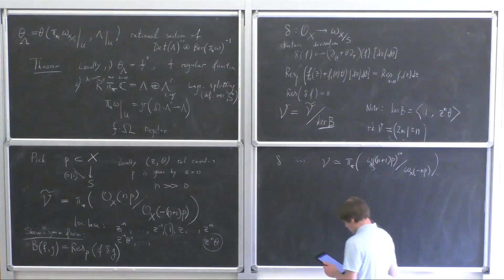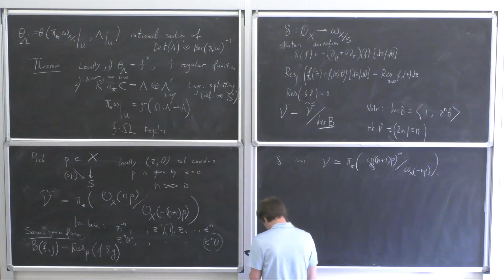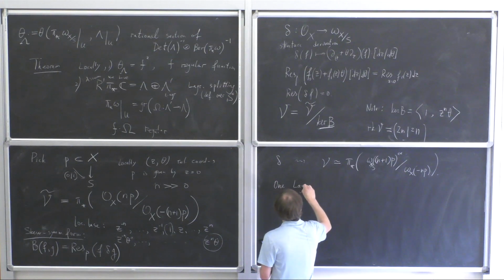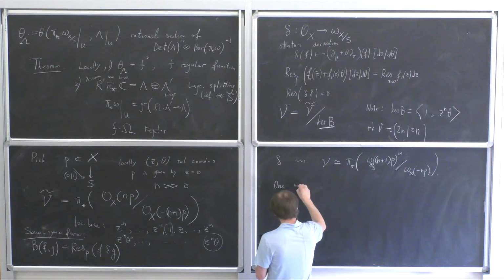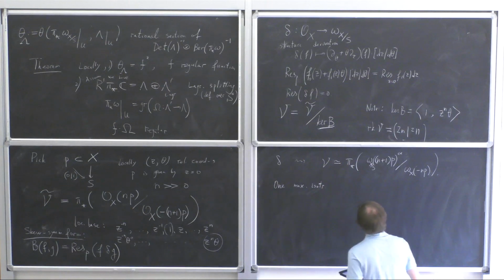Okay, great. So, right. So now, one Lagrangian is actually easy. It's just one maximal isotropic. We assume things to be regular.